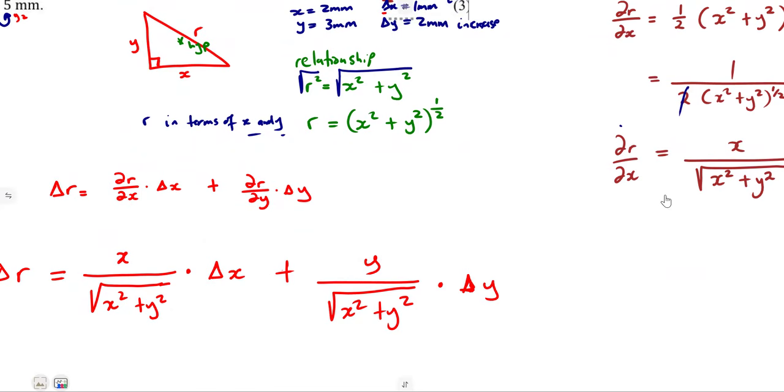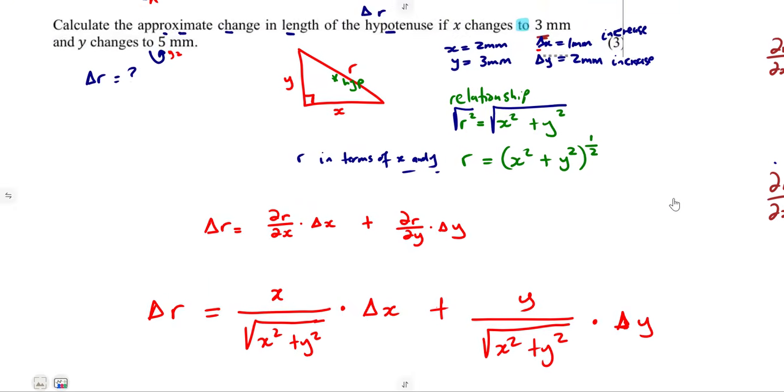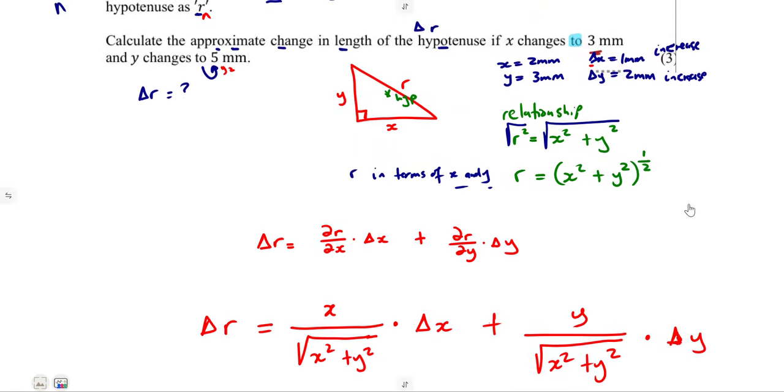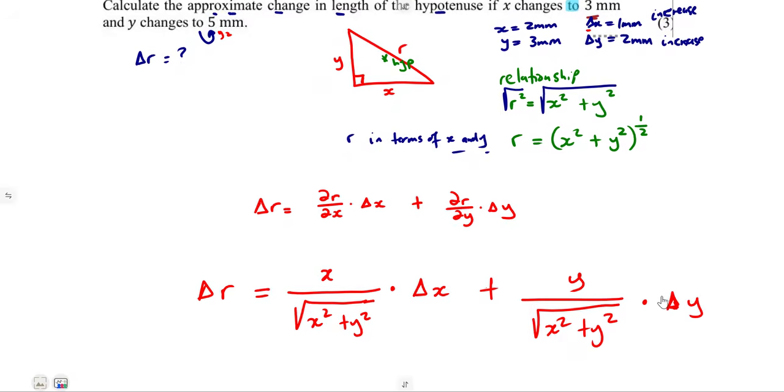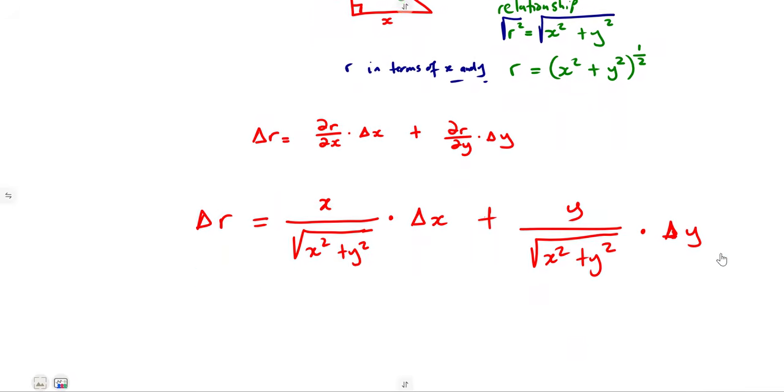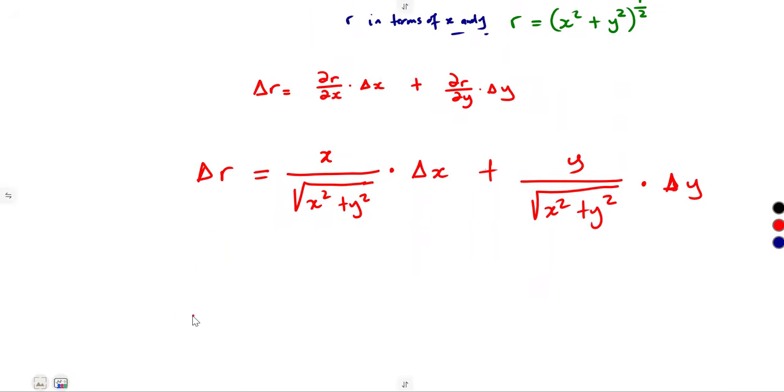So that is it, guys. You had to calculate these derivatives aside, then substitute into the formula. After, we can now substitute the values as we are given them to determine the exact change that happened. We are given the original value of x.